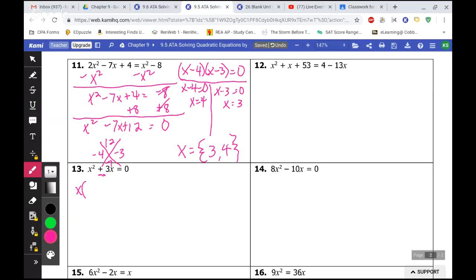When I take an x out of x squared, what's left? Oh, just x. When I take an x out of 3x, there you go, 3. So there are my two factors.